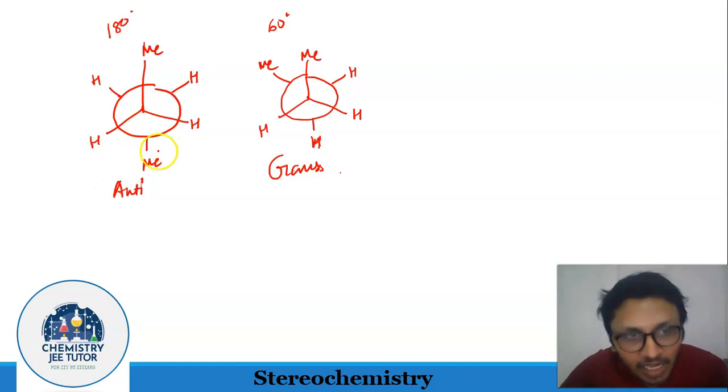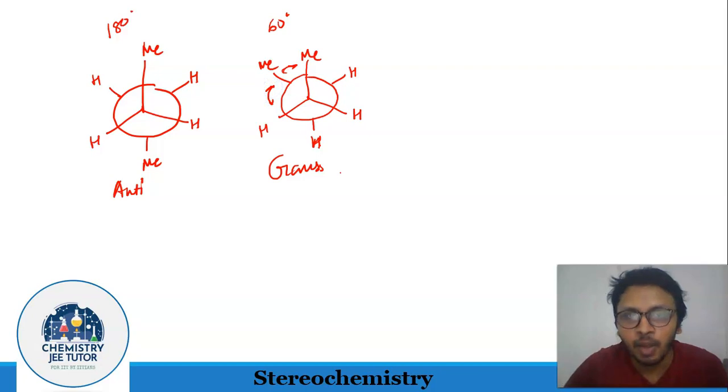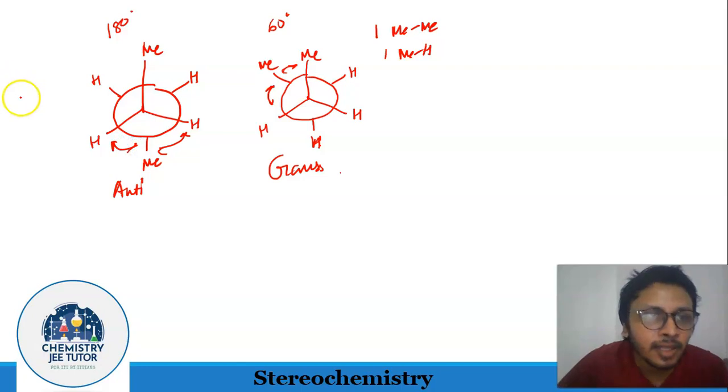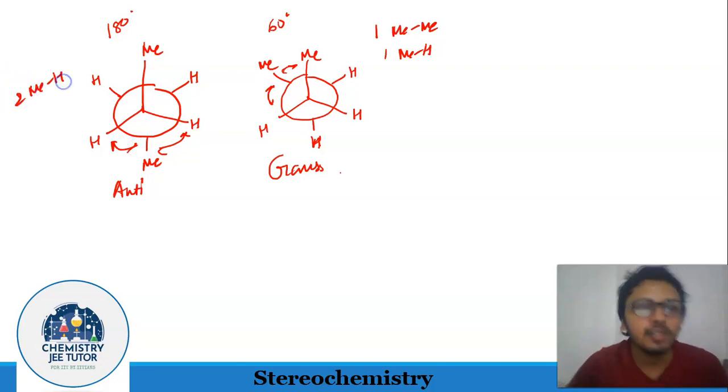If you see in anti-conformation, there will be a methyl-hydrogen interaction. So if you are comparing, here we have a methyl-methyl interaction and a methyl-hydrogen interaction, but in the anti case, we have two methyl-hydrogen interactions.